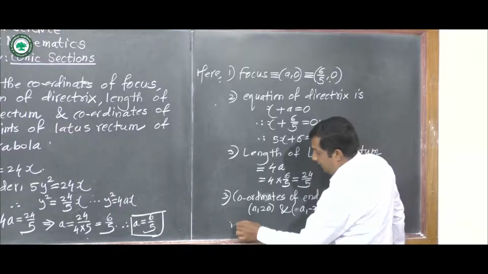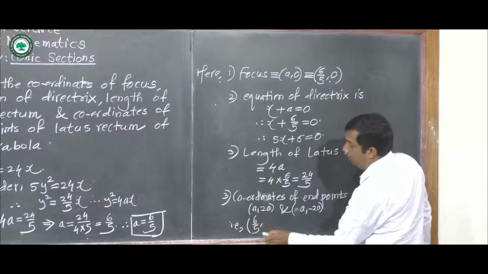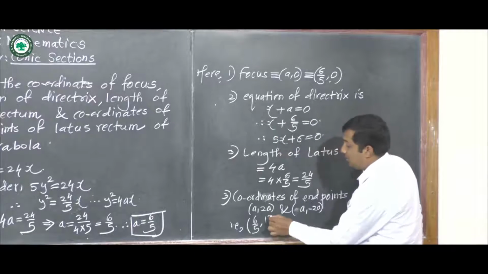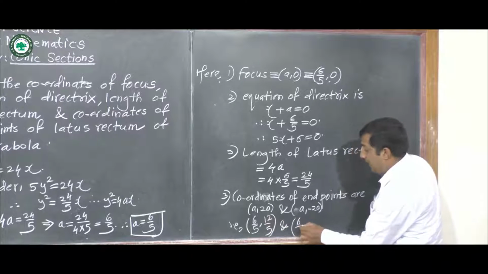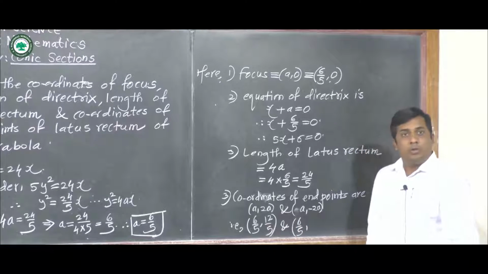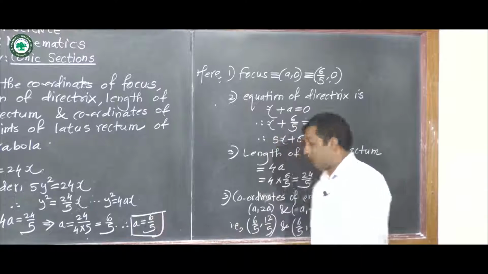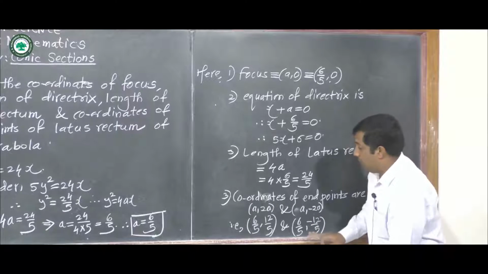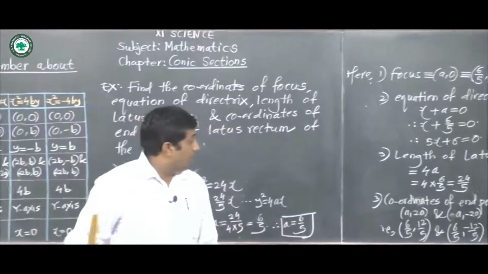That is, we know a is 6 upon 5 and 2a means 2 into 6 by 5, that is 12 by 5. And again a is 6 upon 5, then minus 2a means minus 12 by 5. So these are the endpoints of the latus rectum.